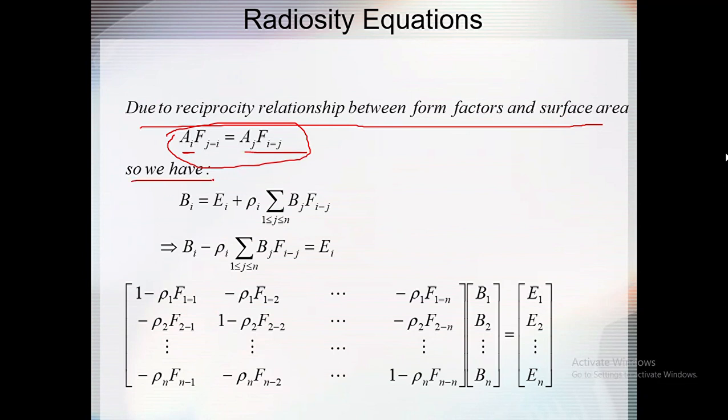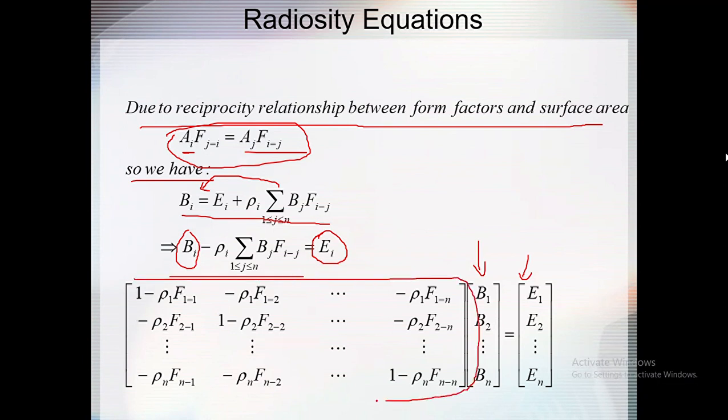How can we measure this? We need to compute this one. To compute it, we need to calculate this B as a row vector, the energy as this one, and the coefficient matrix is this.